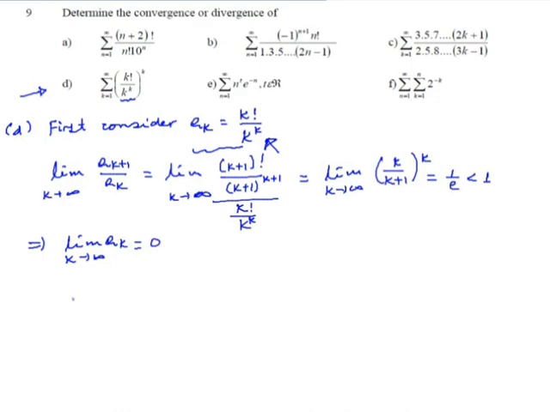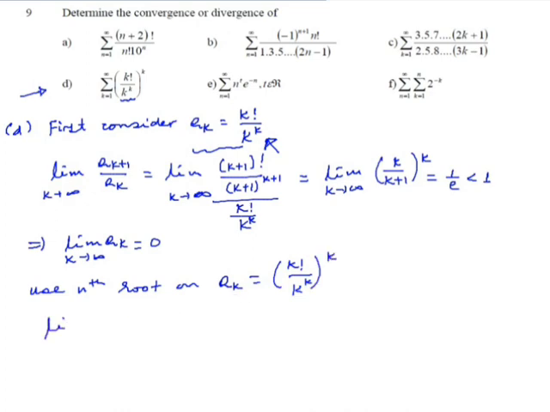Now let's return to the main series and use the n's root test. So use the n's root on the a_k part, where k factorial over k to the power of k, the whole to the power k.